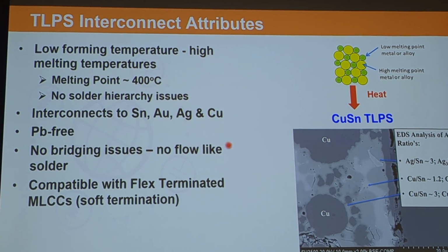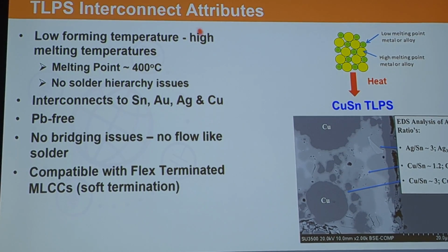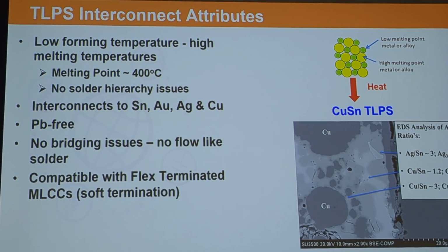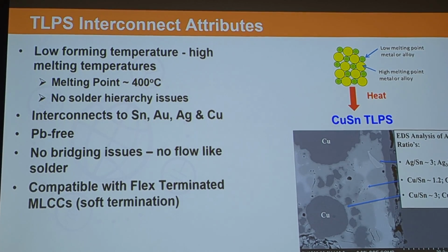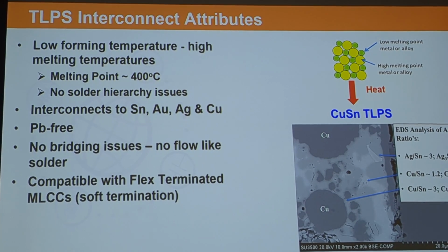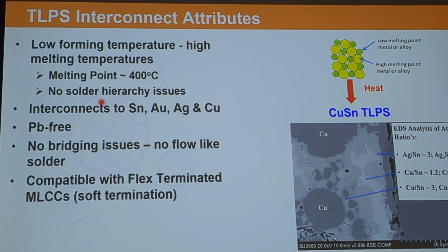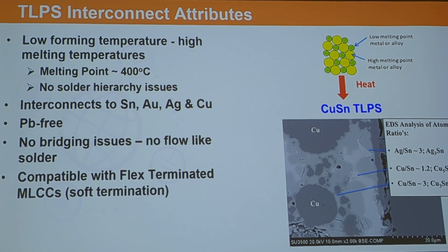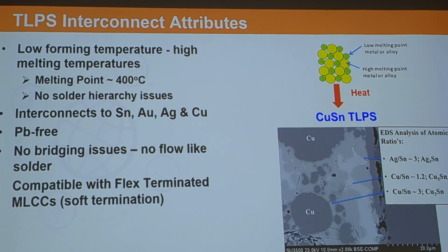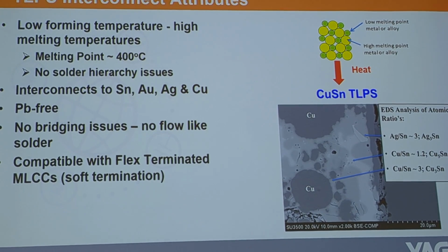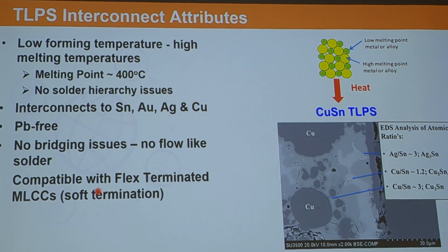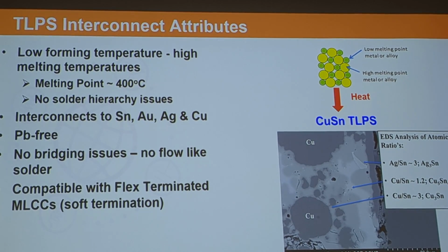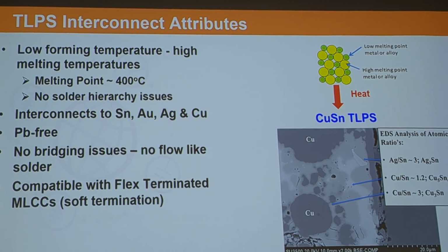As already explained, this material has a high melting point, about 400 degrees Celsius, but it needs only low processing temperatures. We can use the conventional reflow furnace. And it interconnects to tin, gold, silver, and copper, and it's lead-free and has no bridging issues because it won't flow out like the conventional solder paste. And it is also compatible with the so-called flex termination MLCC, we also call the soft terminations.